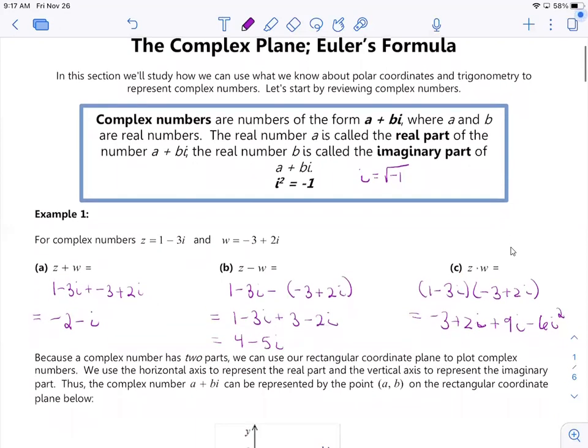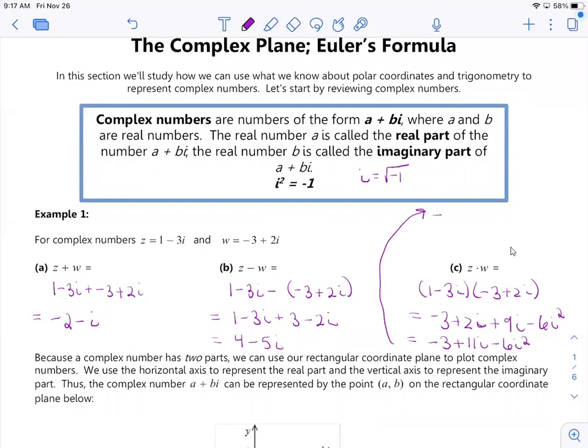Okay, so we can combine like terms, and we have -3, I'm just going to leave it alone, but then I have plus 11i minus 6i squared. Well, remember, i squared actually is a real number, so it becomes -1.